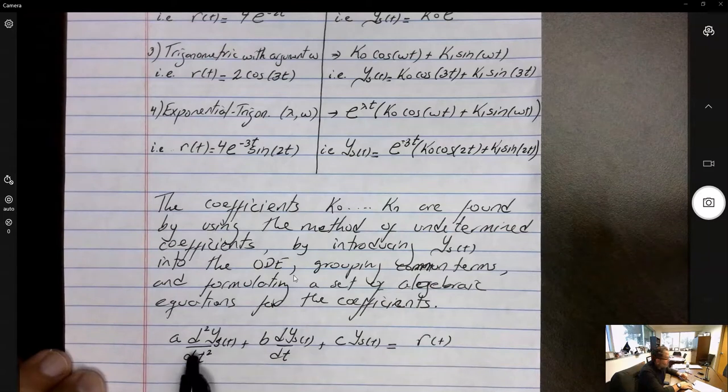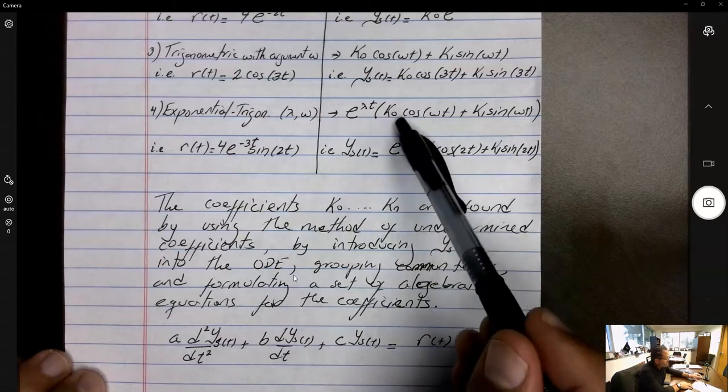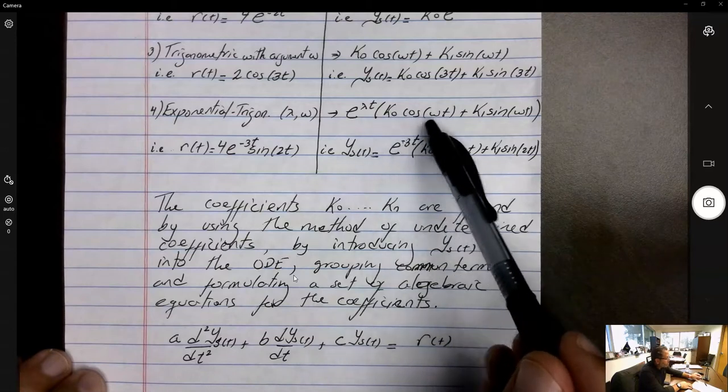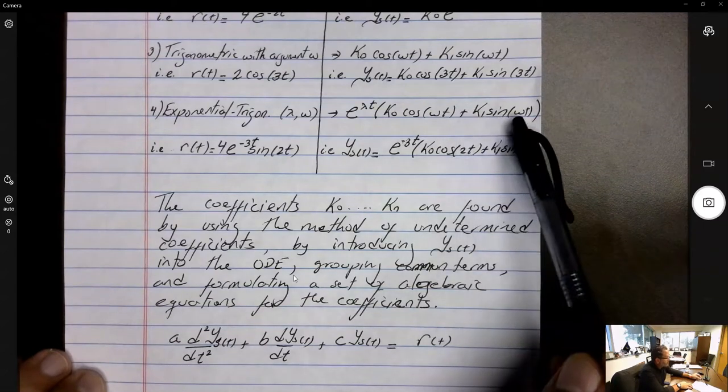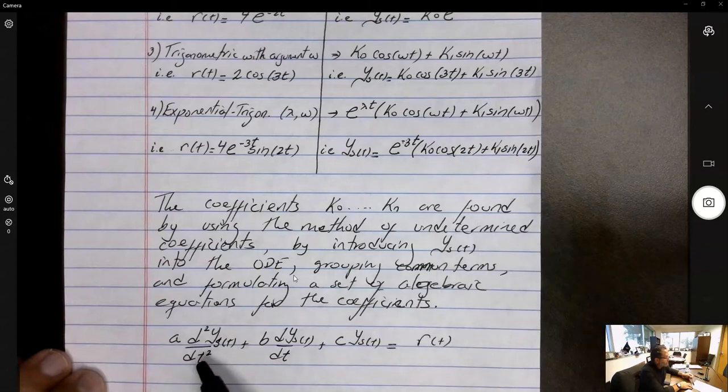And then we group whatever is multiplying the sine. This one has a sine, k1 times the sine of 3t. When we differentiate this one, it will be minus k0 omega times the sine of omega t. And this one will be negative k1 times omega squared times the sine of omega t, and we multiply by a, b, and c.